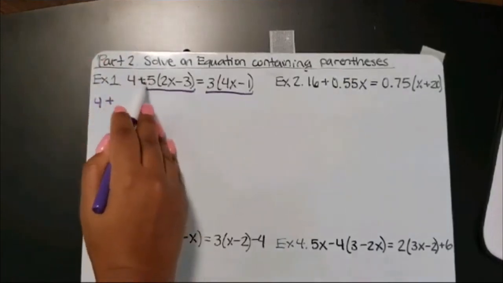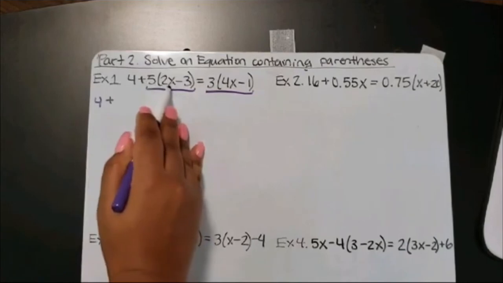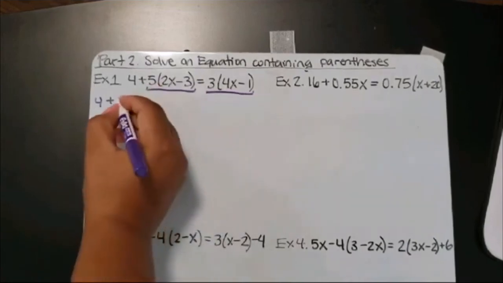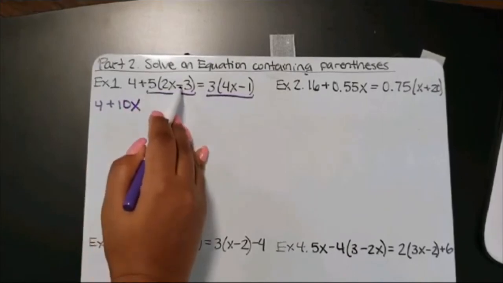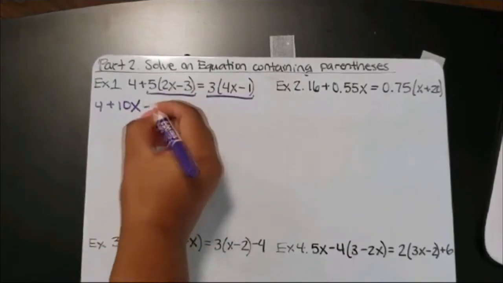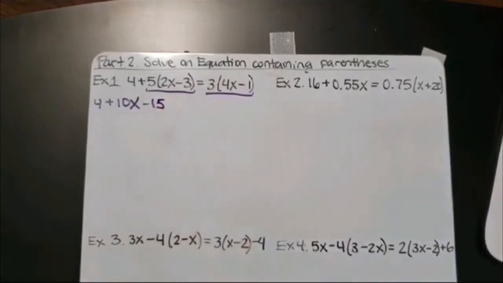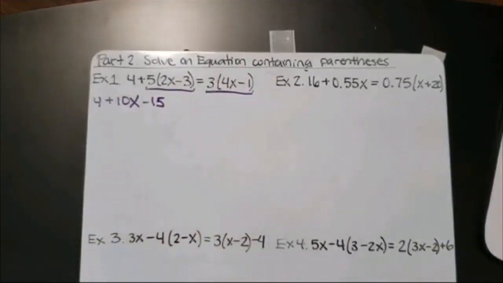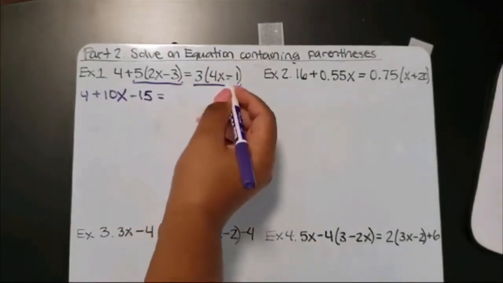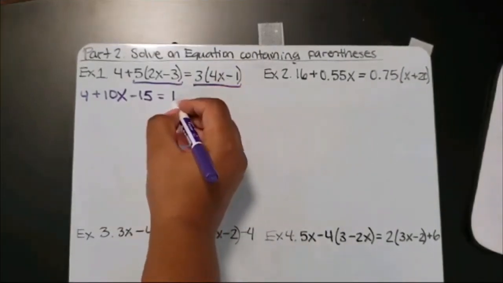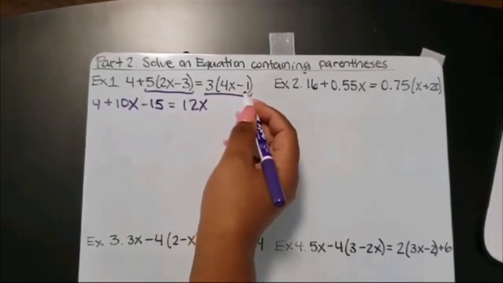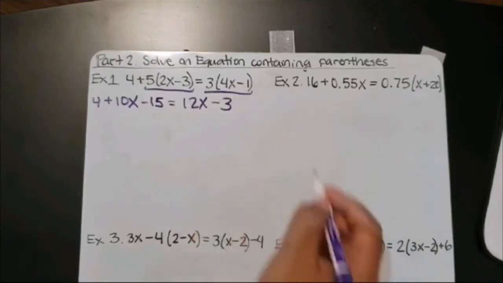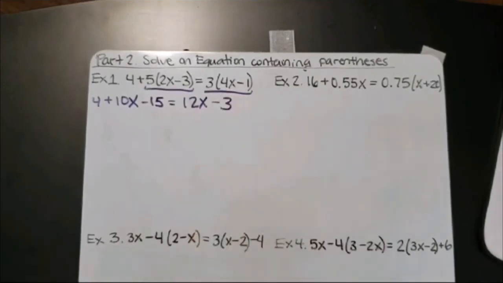Then we have plus 5 times 2x, which is 10x. 5 times negative 3, which is negative 15. All right. Then on the other side, we have 3 times 4x, which is 12x. Then we have 3 times negative 1, which is negative 3.